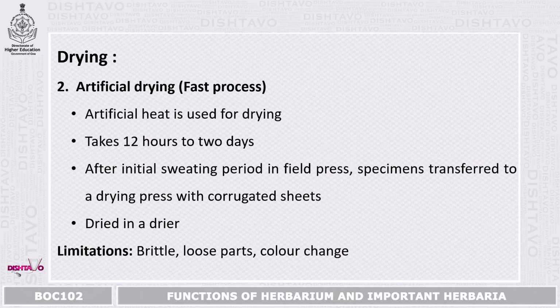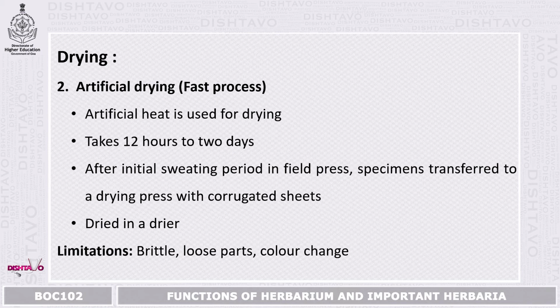Artificial drying is a fast process and it makes use of artificial heat for drying. It takes about 12 hours to 2 days. After the initial sweating period in the field press, specimens are transferred to a drying press which has corrugated sheets, and then the specimens along with the corrugated sheets are dried in a dryer.